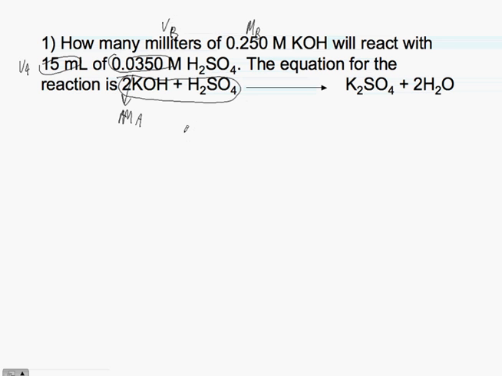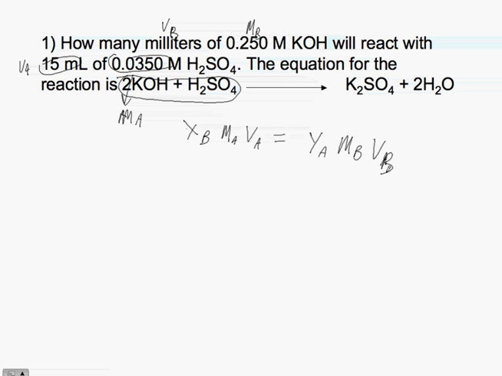So the formula will look like this: the moles of the base times the molarity of the acid times the volume of the acid is equal to the moles of the acid times the molarity of the base times the volume of the base. Volume of the base, that's a B.